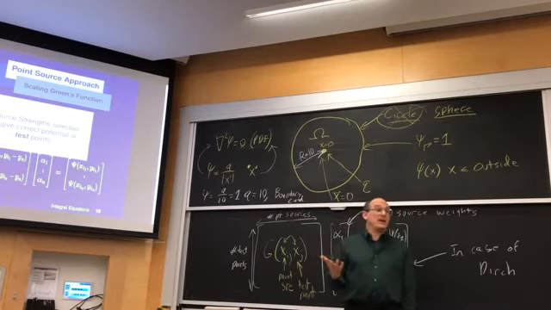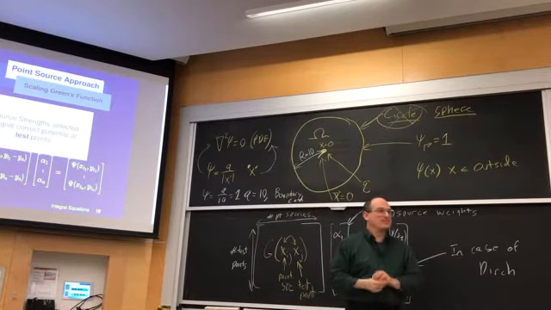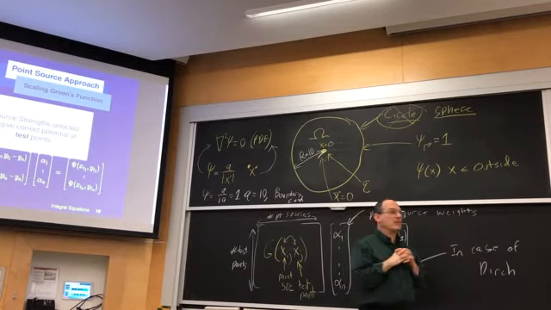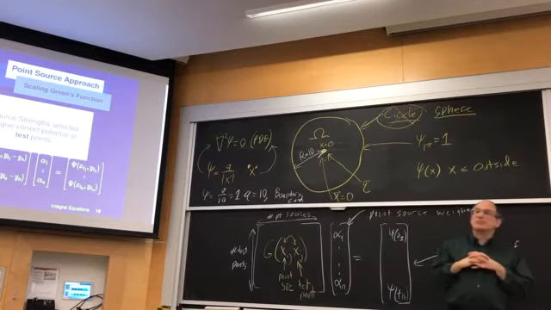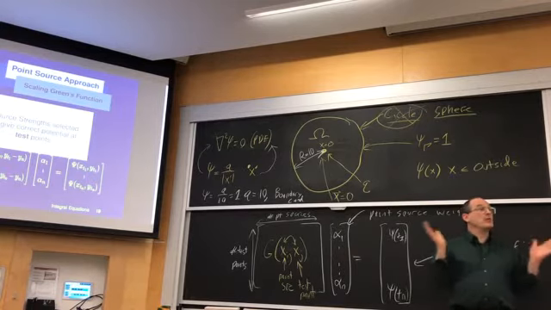But I didn't say where I should put the test points. Spread them around. What should I do with the source points? Should I cluster them in the center? Should I move them to the edge?